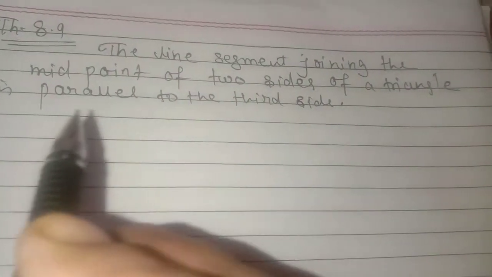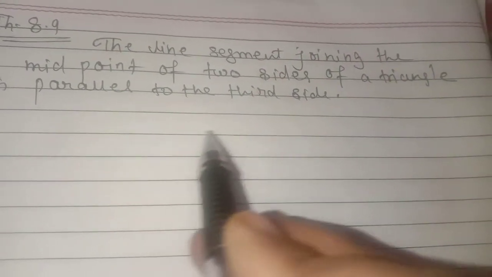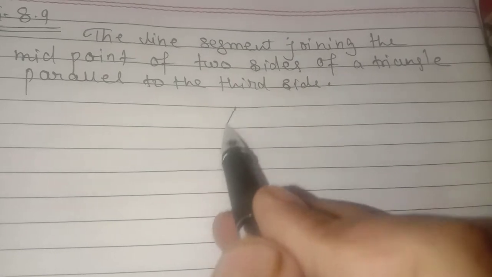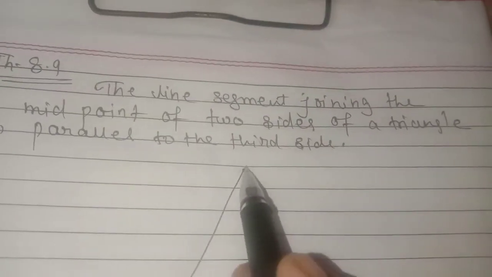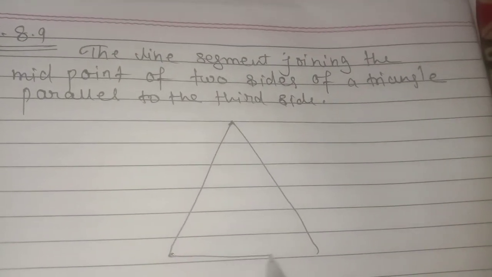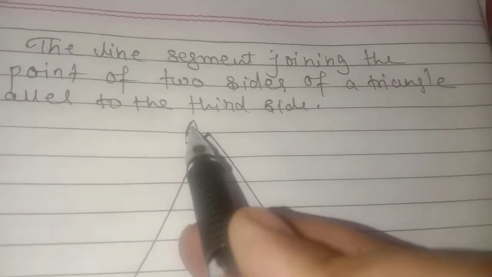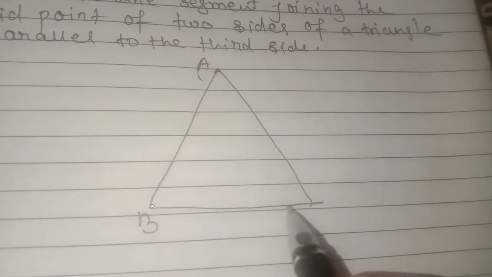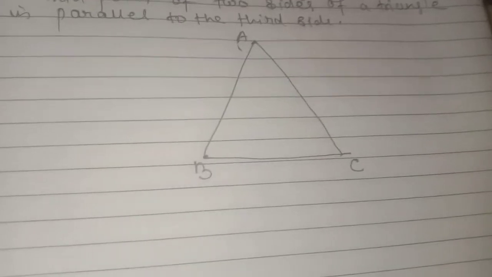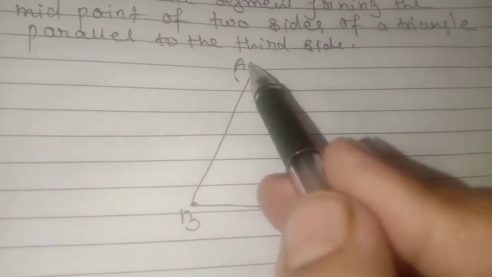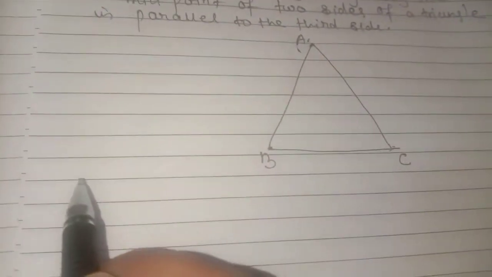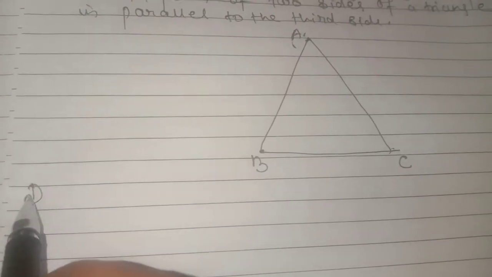So let's have a diagram here. Triangle ABC. Clear? ABC. So we'll write here given or data.